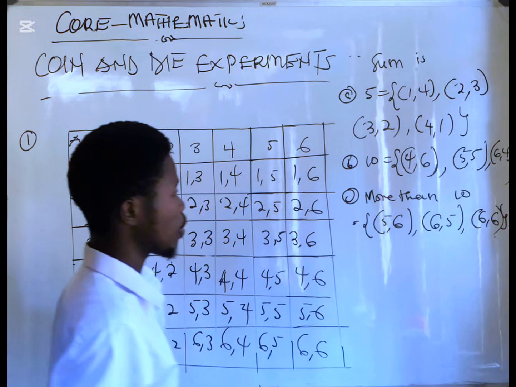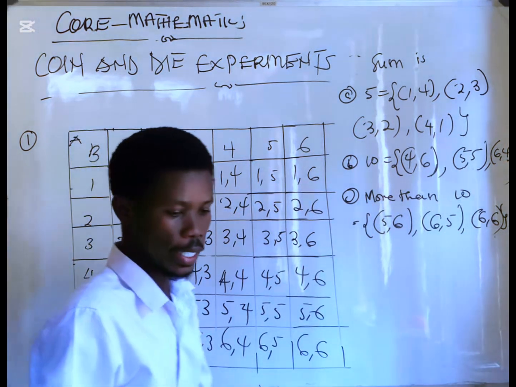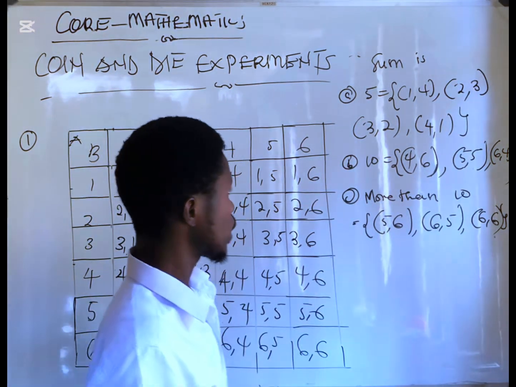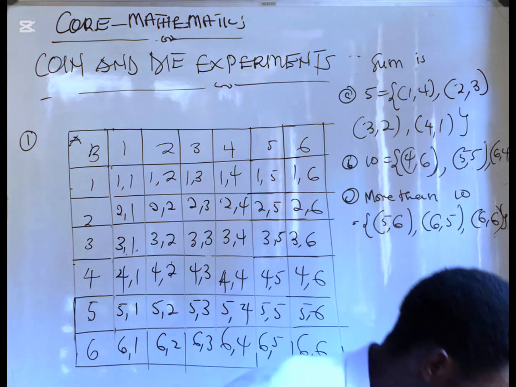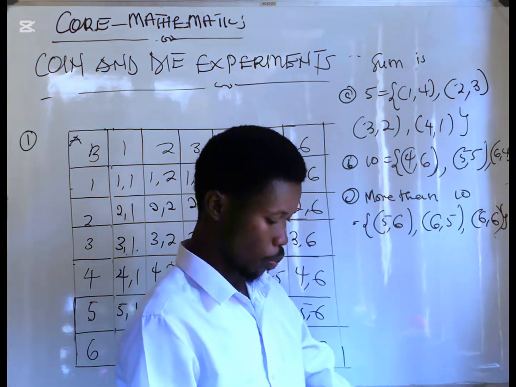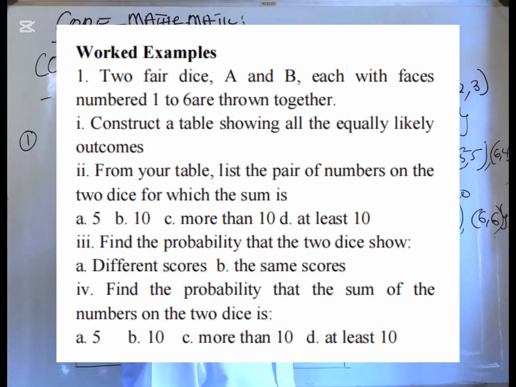So I think these are the ones that are more than 10. Then we also move on to at least 10.